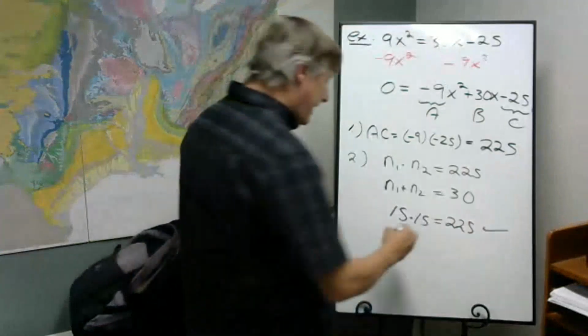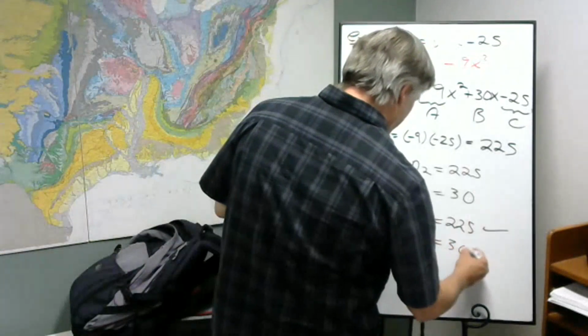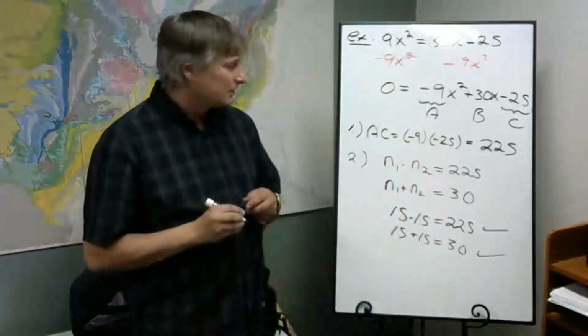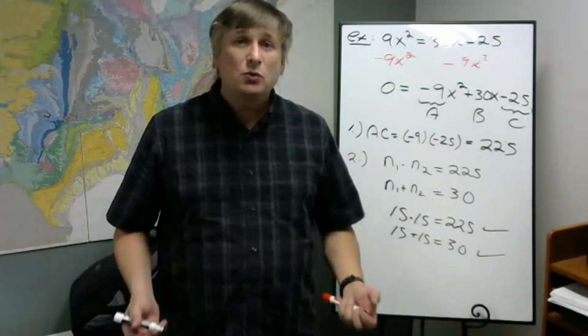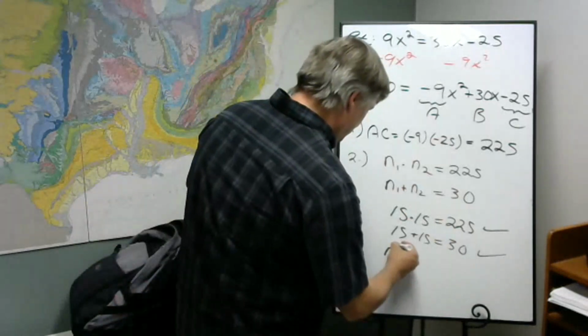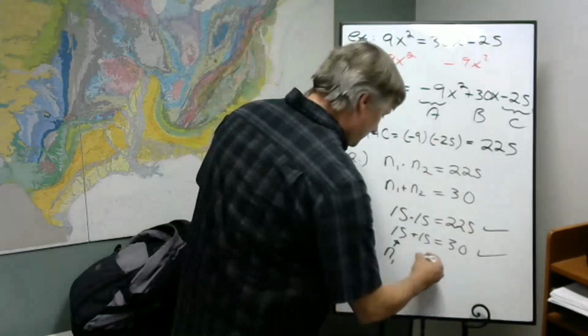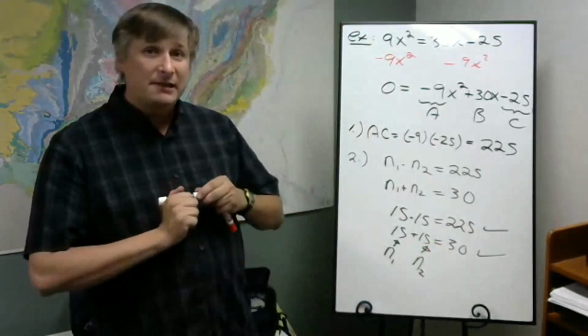So far, so good. And check this out. Oh my gosh, this is amazing. 30 works. So it turns out in this case, N1 and N2 are the same number. N1 is 15. N2 will also be 15.